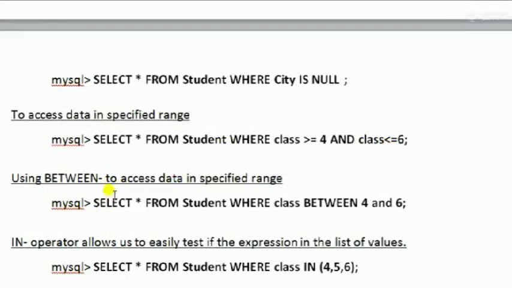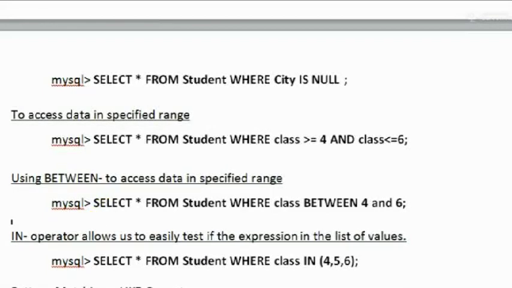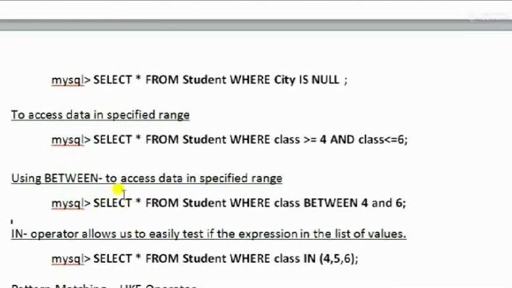Same command can be written by this also. Same output we can get from this command. What is this? Using between clause. Select all from student where class between 4 and 6.